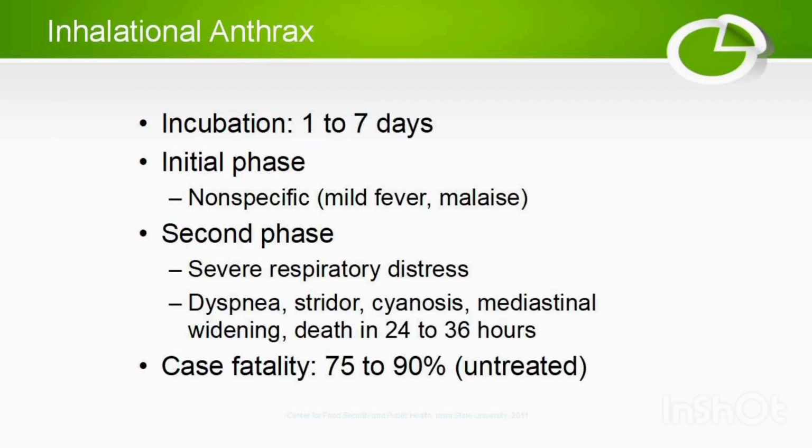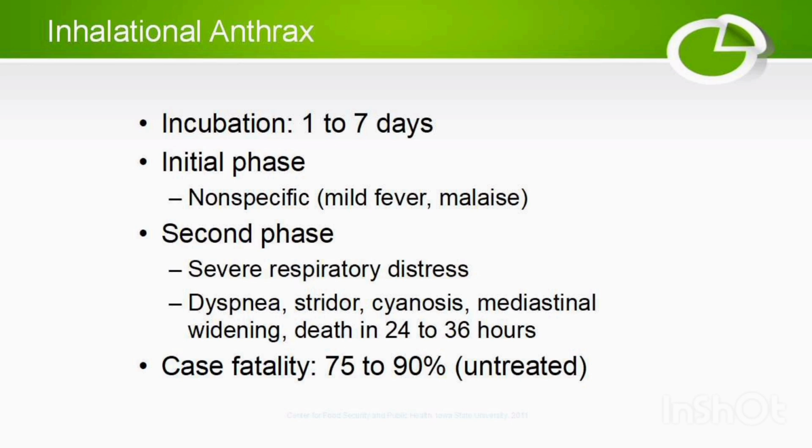The incubation period for inhalational anthrax is 1 to 7 days. In the initial phase of inhalational anthrax, the signs are non-specific. They may include mild fever, malaise, myalgia, non-productive cough, and some chest or abdominal pain.